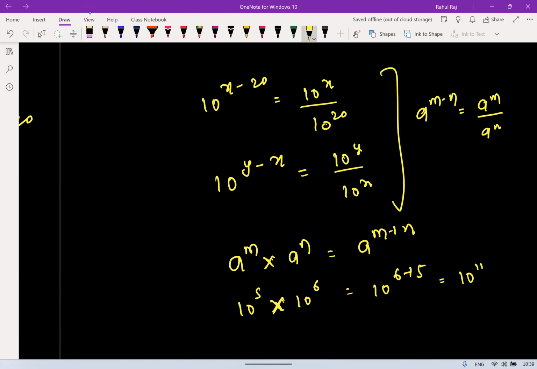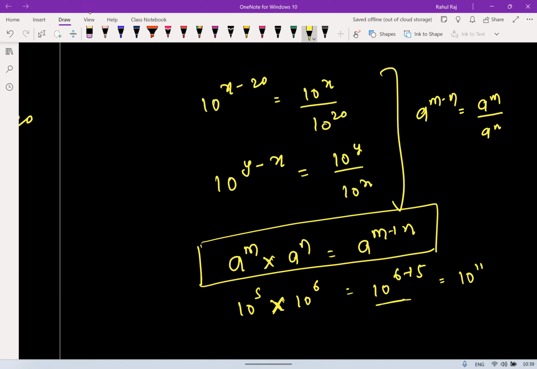So this is simple, 10 to the power 11. That's it. So this is a basic rule of exponents, Alexa. Wait 1 second, let me write these. A to the power of m times.